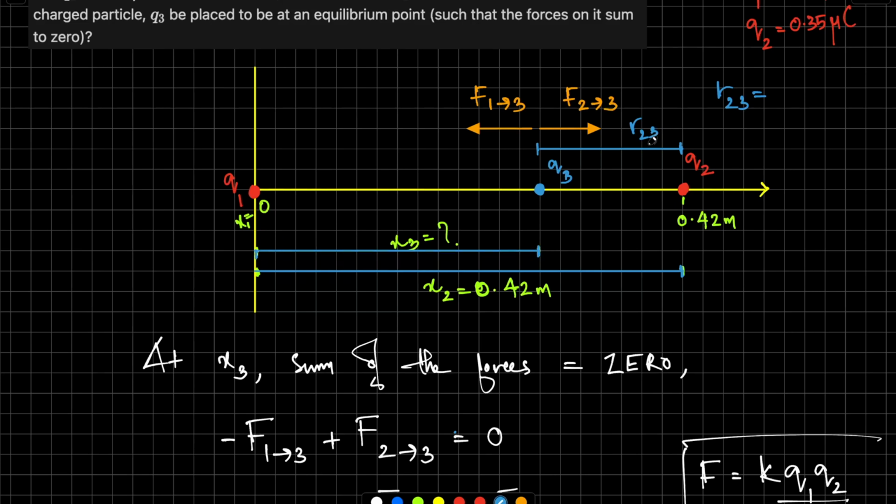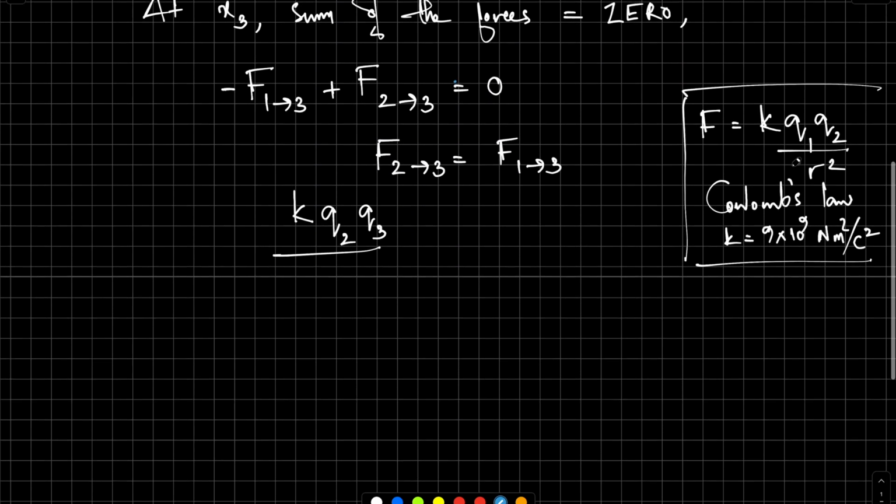So R2, 3 is equal to the total distance from charge 1 to charge 2, that is x2, minus the distance from Q1 to Q3, that is x3. So R2, 3 equals x2 minus x3. I'm going to write it here.